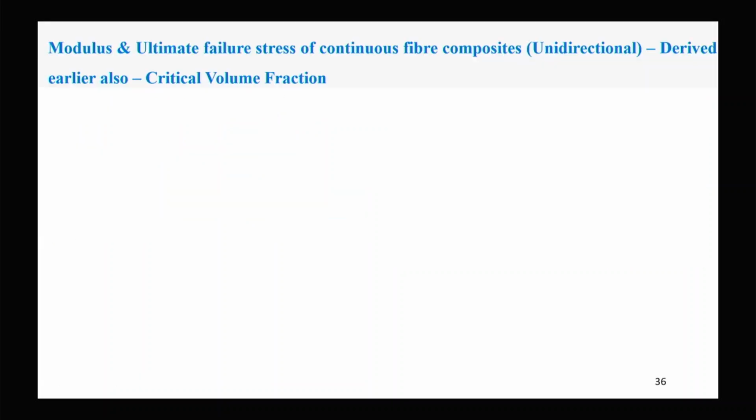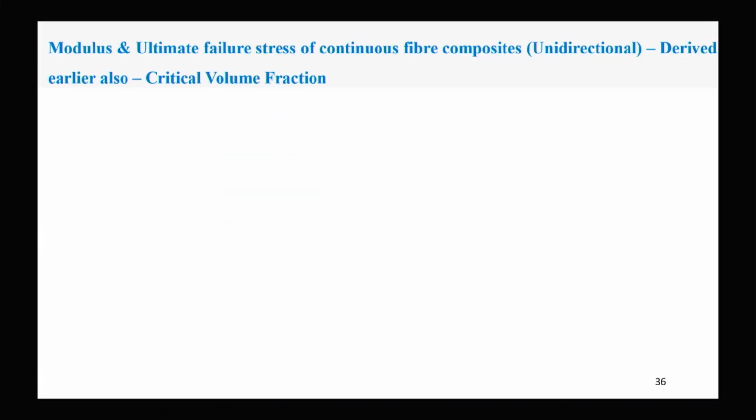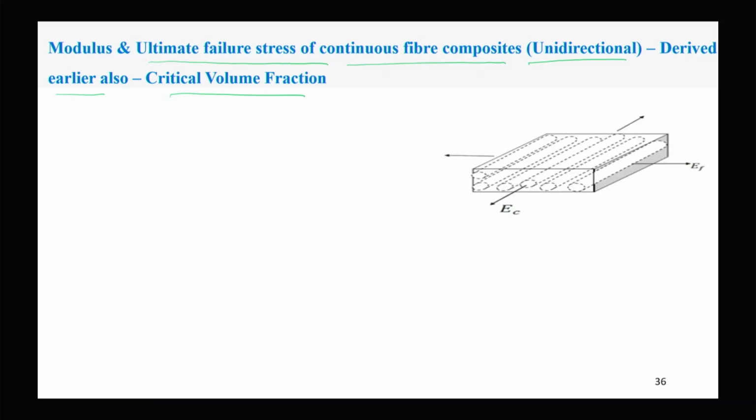So we can calculate the critical length and critical volume fraction. So modulus and ultimate failure stress of continuous fiber composite, unidirectional, which was derived earlier, and critical volume fraction we can also calculate.